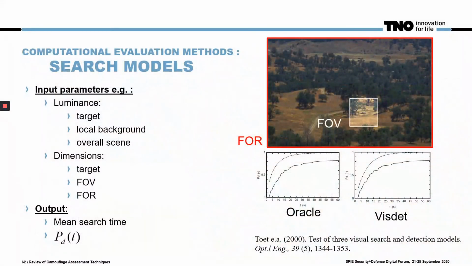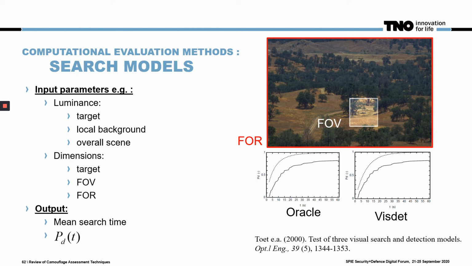Another approach to avoid field experiments is to predict human observer performance using a validated search model. Search models predict the mean time a human observer needs to detect a given target while visually inspecting a scene.